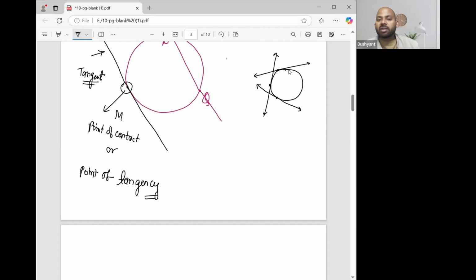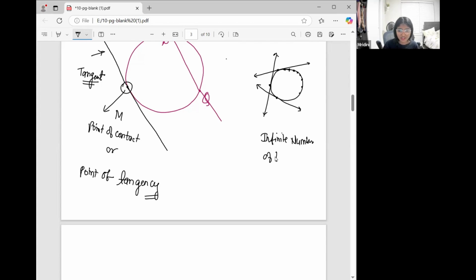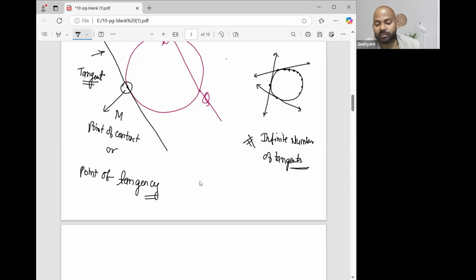So we have an infinite number of options to take the points. If I have infinite options of points, I can get infinite tangents? Yes. Okay, nice.